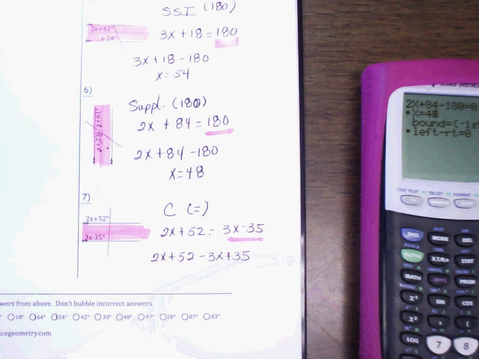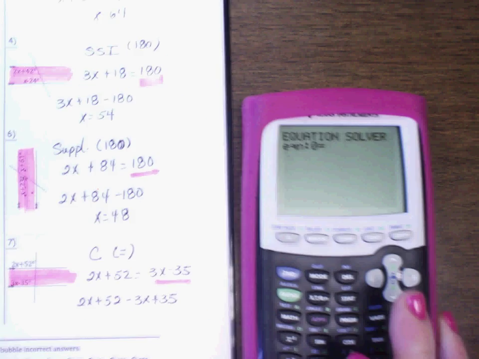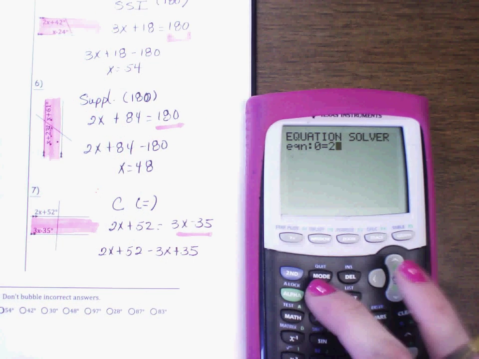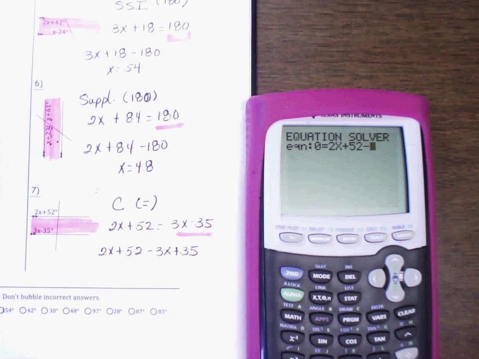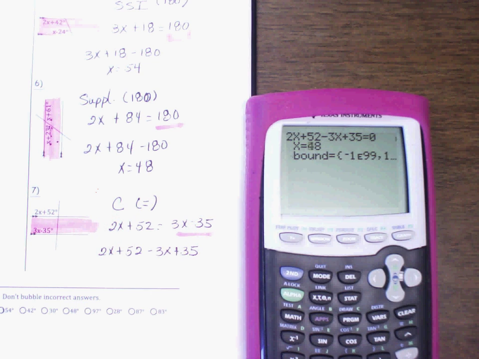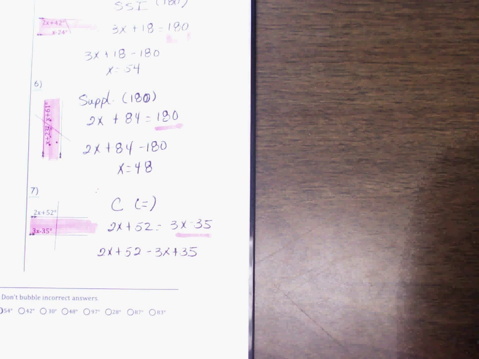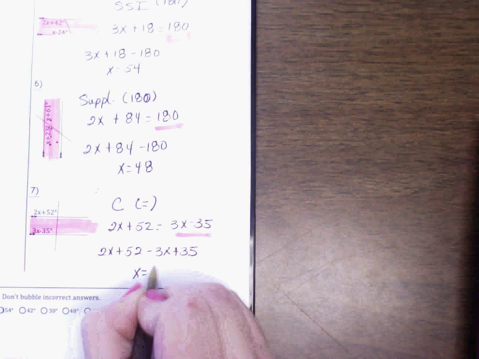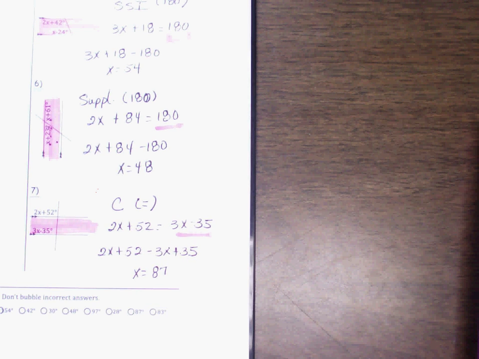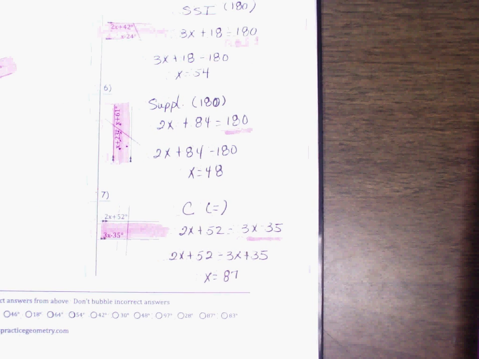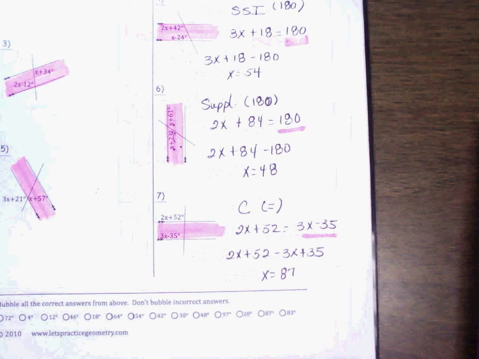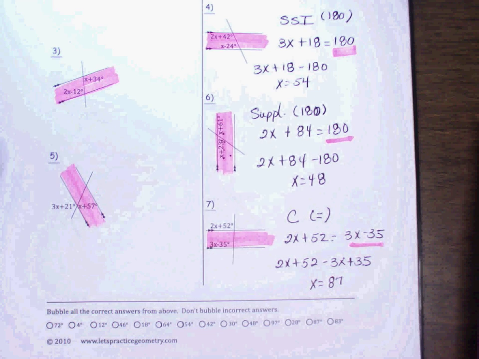And then go to equation solver and do your thing. What do we got? 87. For those of you that are getting something different, you're not looking at what you're writing before you say enter alpha, enter. She can give you the wrong answer if you tell her to do the wrong thing. All right, these two on your own. Go.